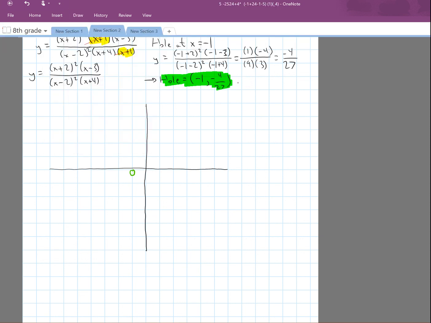All right, next steps would be the vertical asymptote, which is when the denominator equals 0, which would be when x equals 2 or negative 4 from those two binomials that are left in there. So x equals 2. Remember, and this will be important later, that this asymptote comes from a binomial that is squared.